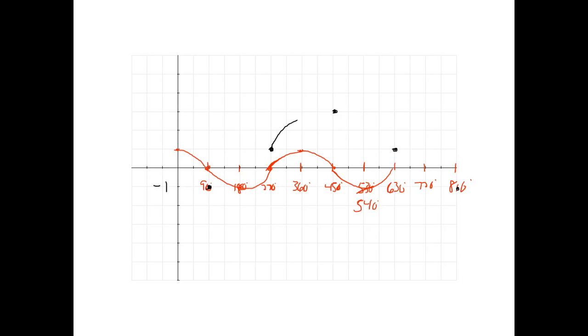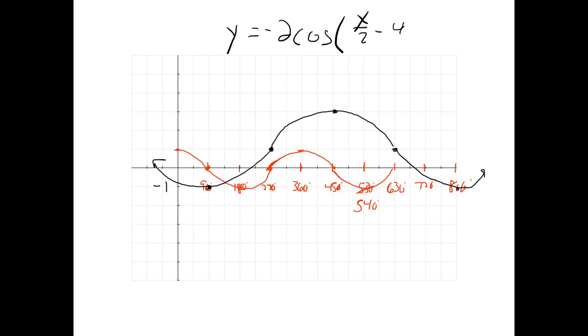So our curve looks like this, looks like this, looks like this. In black is y equals negative 2 cosine of the angle x over 2 minus 45 degrees plus 1. And in red was the parent graph y equals cosine of x. And scene.